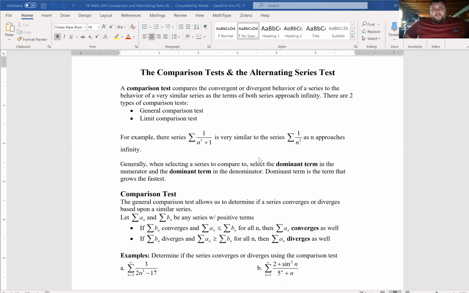It can be used pretty well, but I'll just show you when we do it why I'm not a huge fan of that one. The limit comparison test, I think, is a much stronger option. And then if we have time, we can look at the alternating series test.